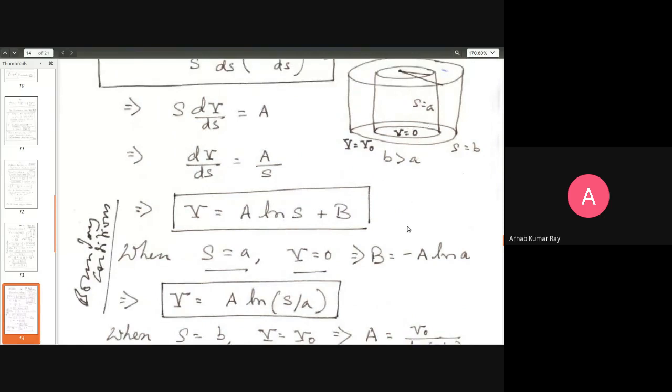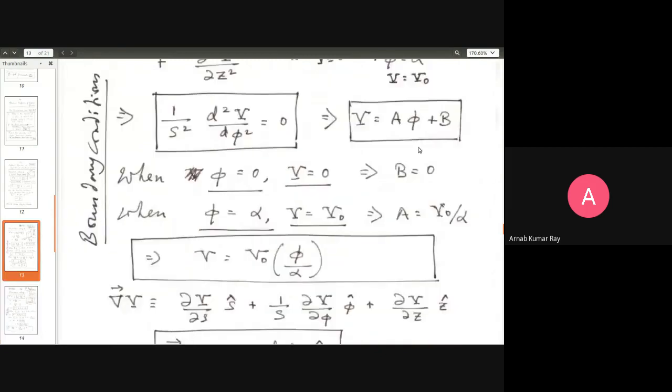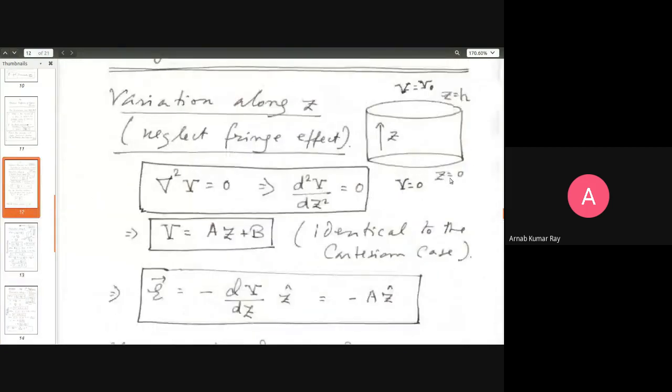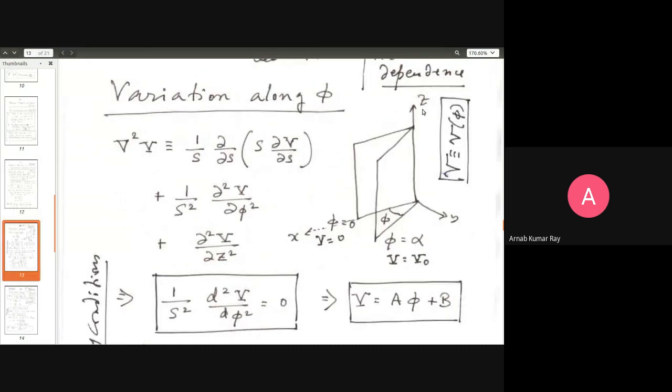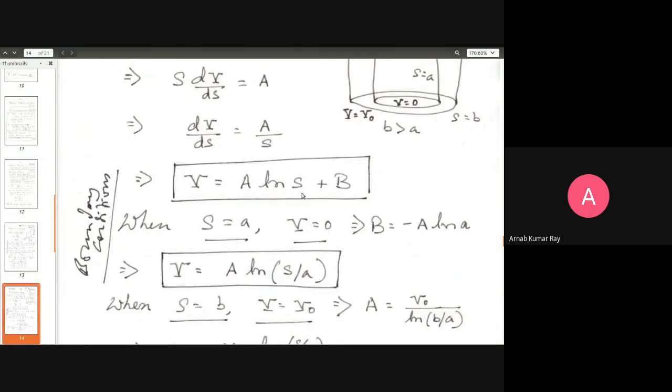Okay, you notice one thing. As in the previous problems where we wrote phi is equal to 0 or Z is equal to 0, those were the boundaries we chose in the previous problems. Here, I have not chosen S is equal to 0 as one boundary. Why have I not? Because you'll have a huge deal of trouble if S were to be equal to 0. Just see log of 0.